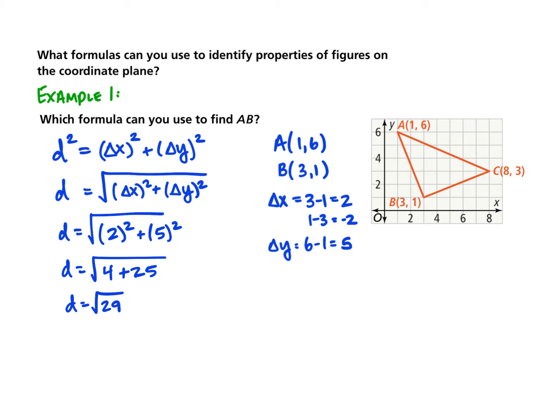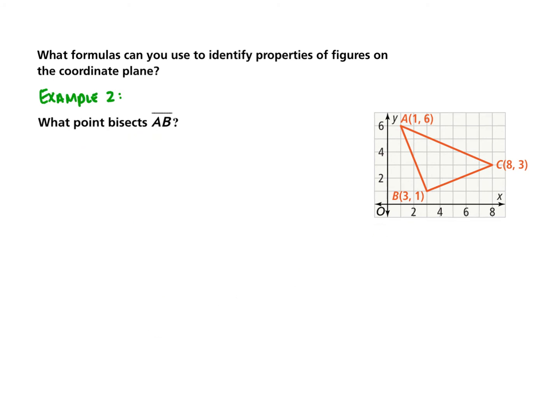Or I could do the square root of 29 in my calculator and approximate that to say 5.4. So the square root of 29 is about 5.4, and so that tells us the length of segment AB is about 5.4.